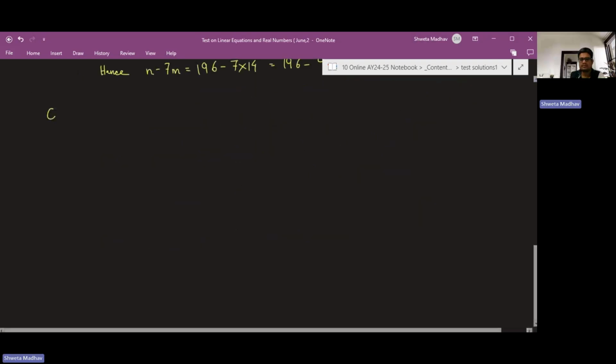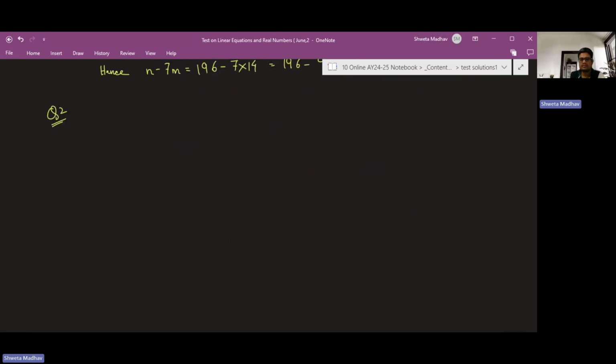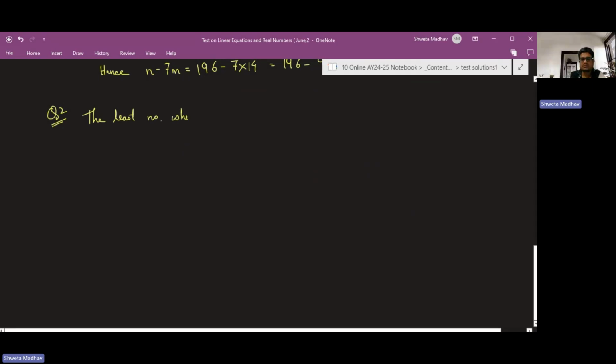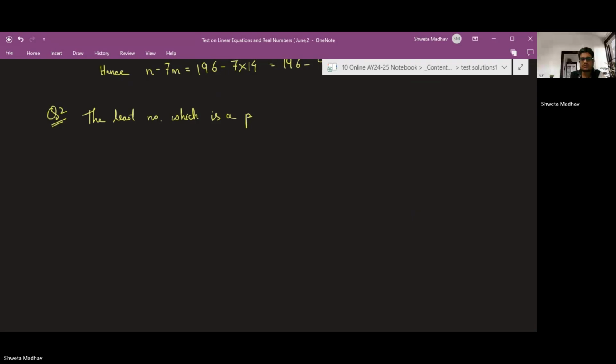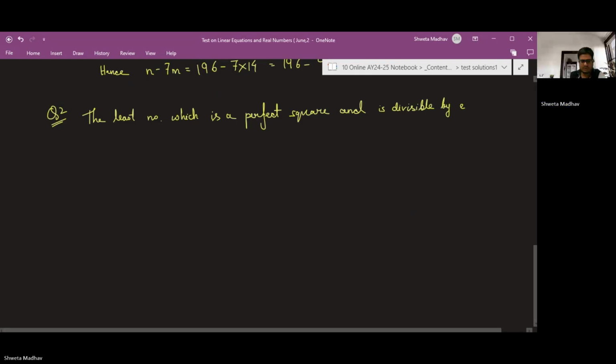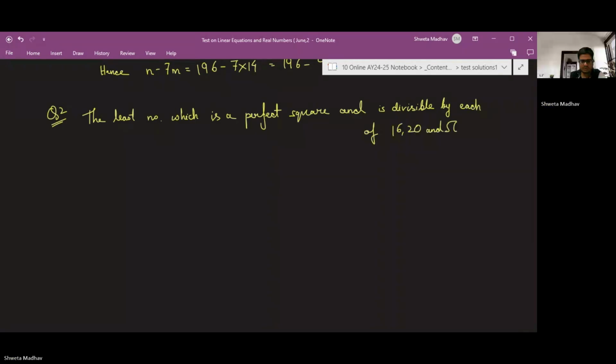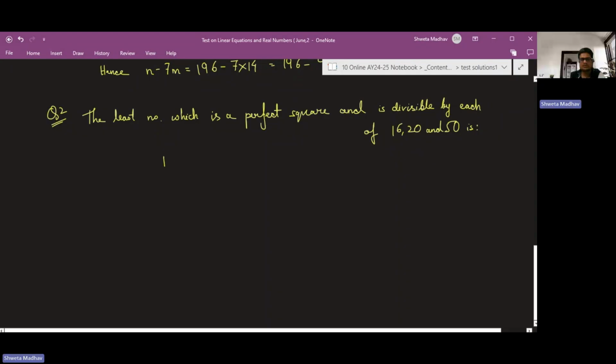Then in question number 2, it has been told that the least number which is a perfect square and is divisible by each of 16, 20 and 50 is... So we have to take the LCM first, LCM of 16, 20 and 50.